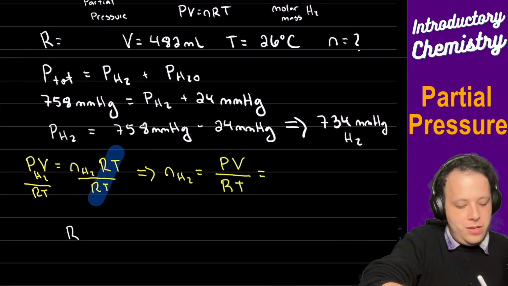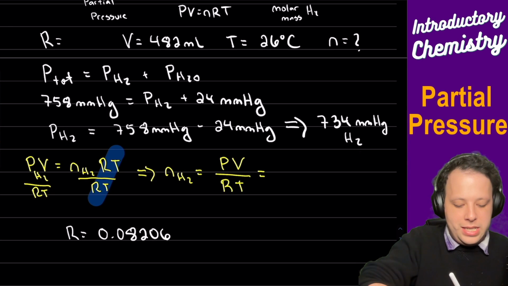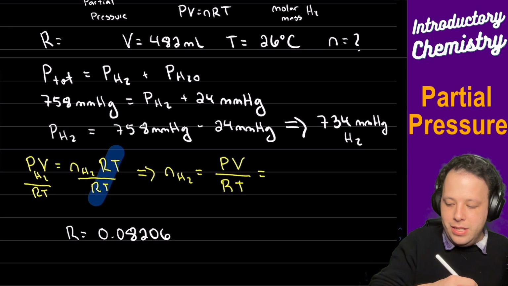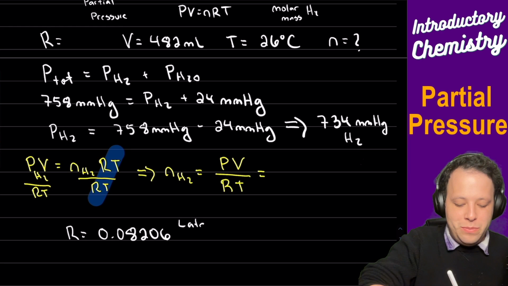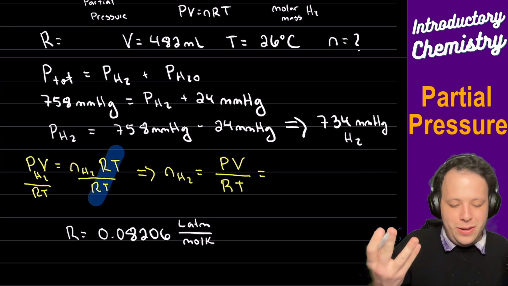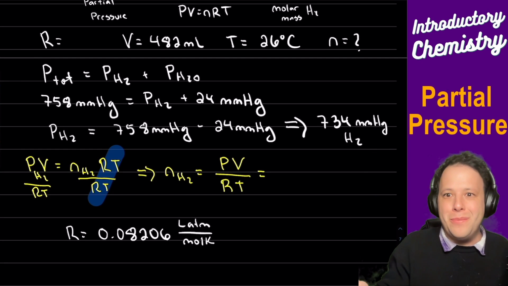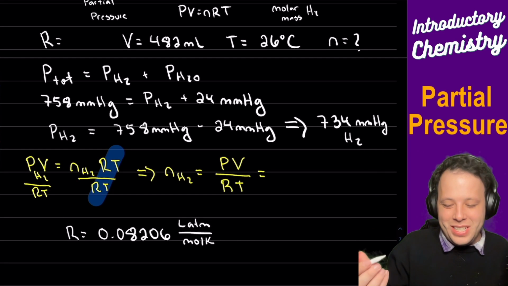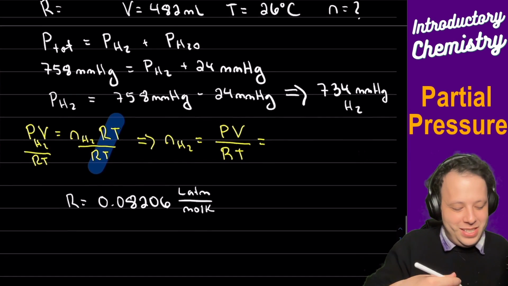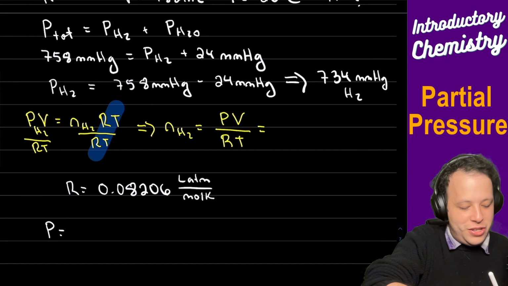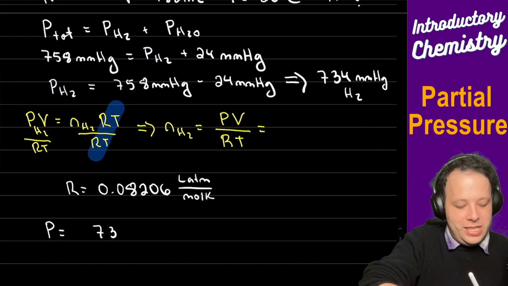R is 0.08206 liters atmospheres per mole Kelvin. So are all of our units correct? Well, none of them are correct. So the first thing we need to do is convert everything. So let's do the first one, pressure. Pressure is 734 millimeters of mercury.